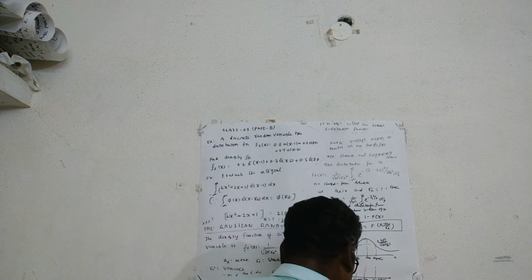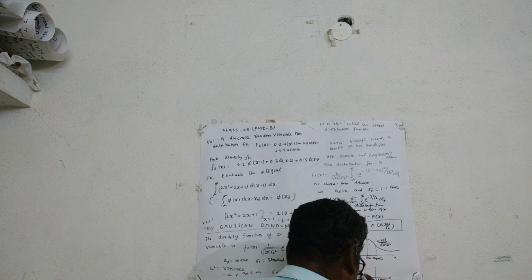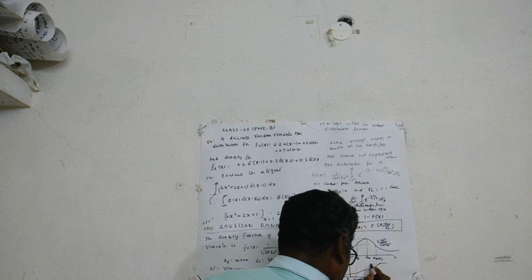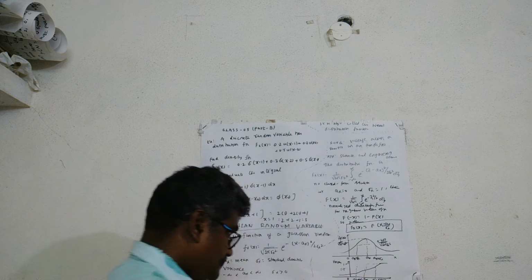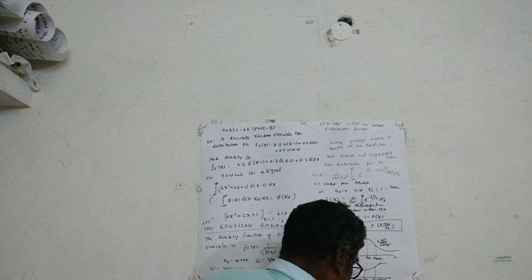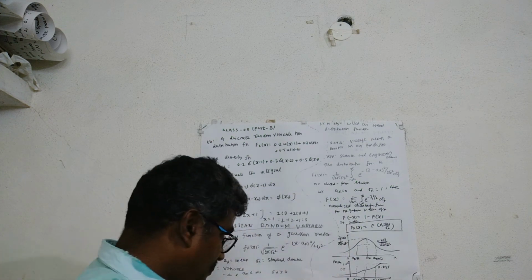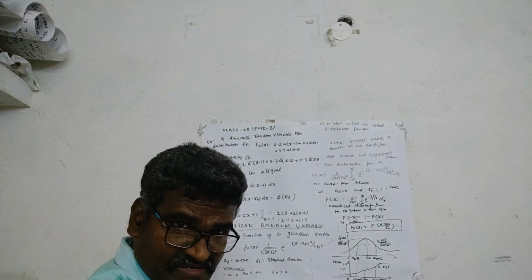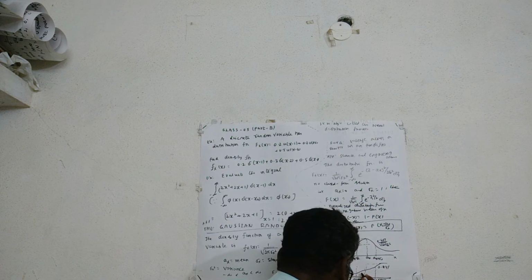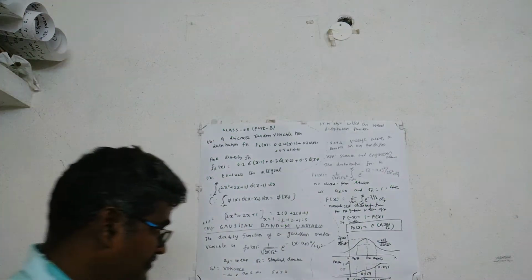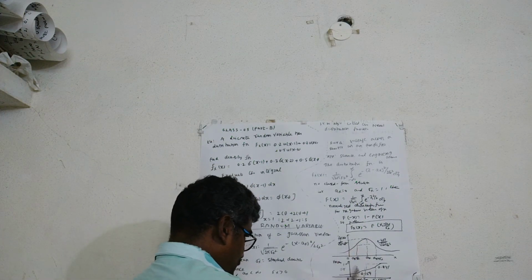The graph will be like this. The value at x equal to ax plus sigma x is given by 0.841. The value of the distribution function at x equal to ax minus sigma x is given by 0.159. Okay, this is the density function, this is the distribution function.